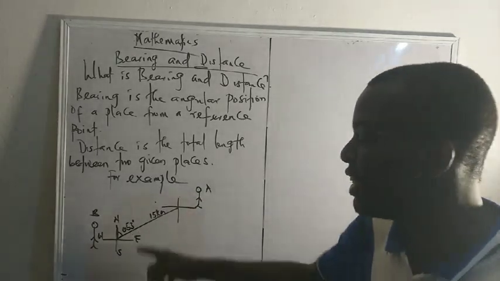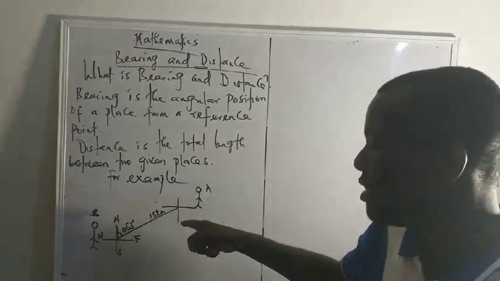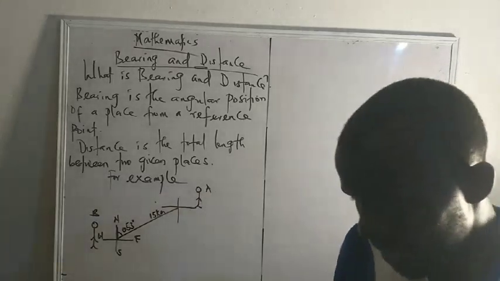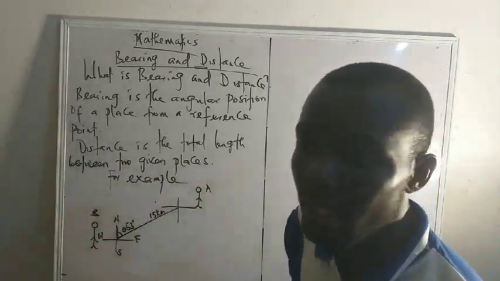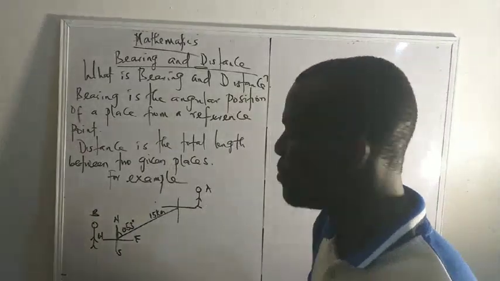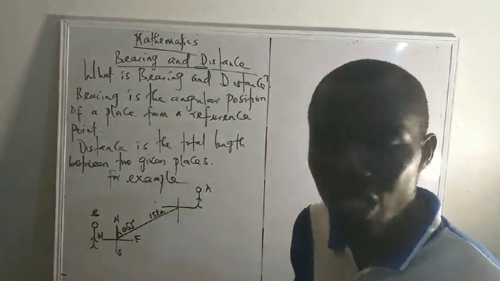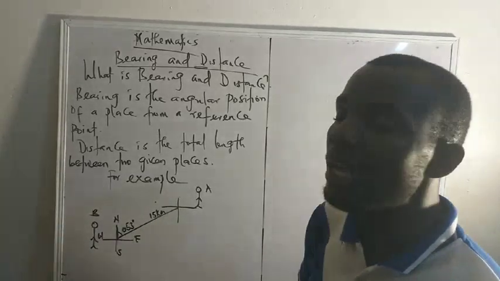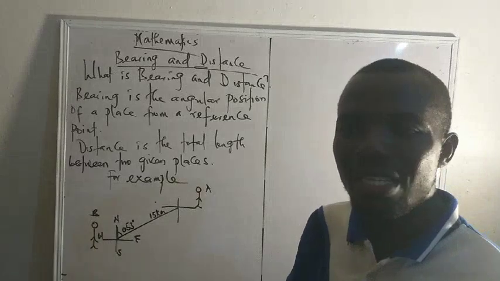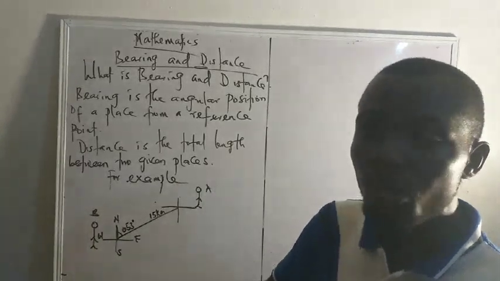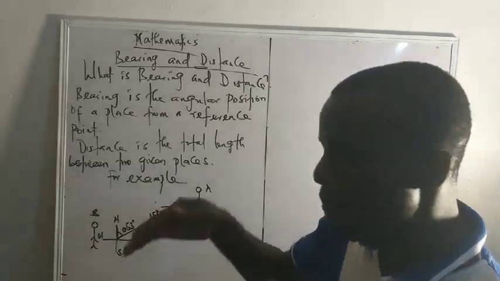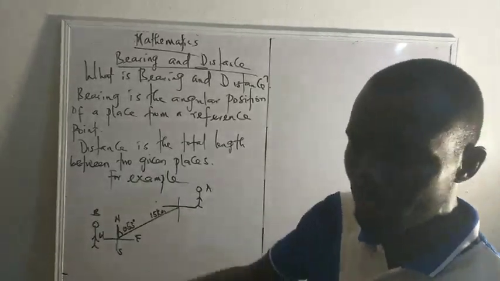It gives us the position of A. Without this angle, you can't tell the position of A. Maybe east, maybe west, maybe south, if the only information we have is just 15 kilometers. So this angle makes it possible for us to determine the position of that particular person or that particular place.